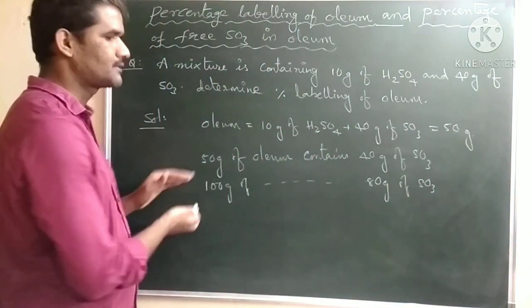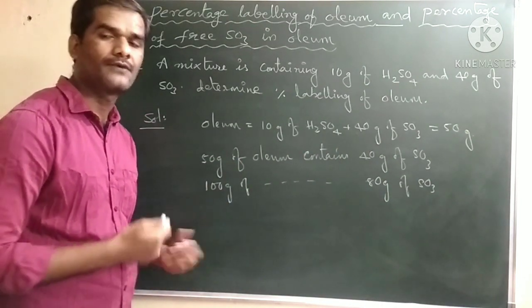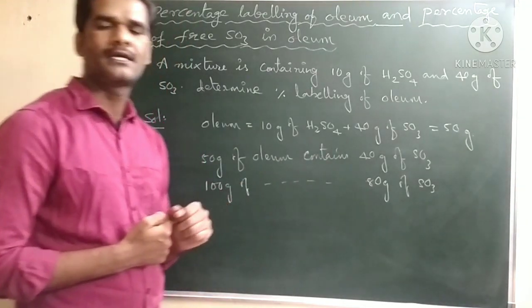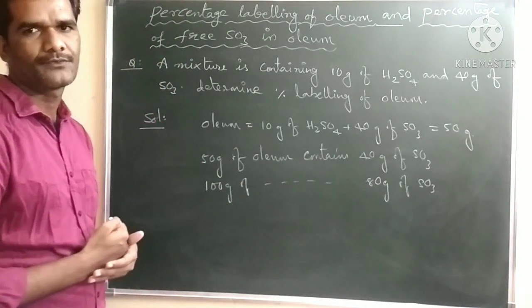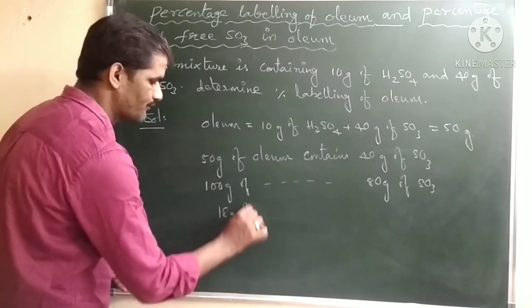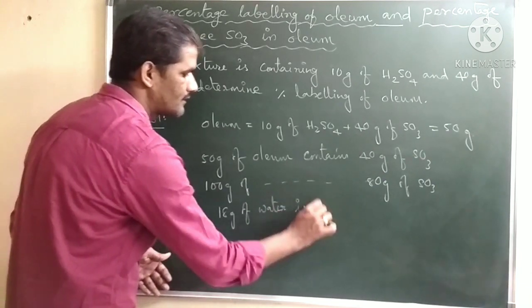Now in 100 grams, you know the availability of free SO3. Then how much water can we add for this? For 80 grams of SO3, we require 18 grams of water. So 18 grams of water is needed.